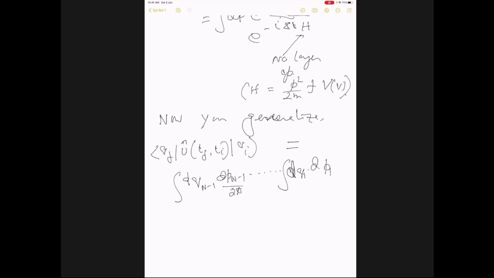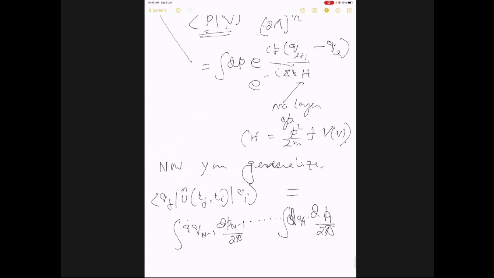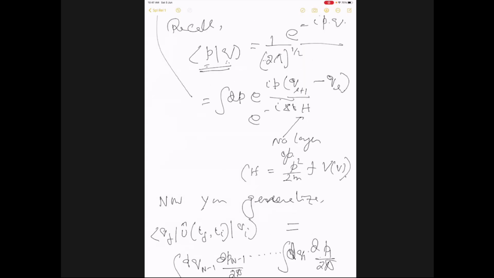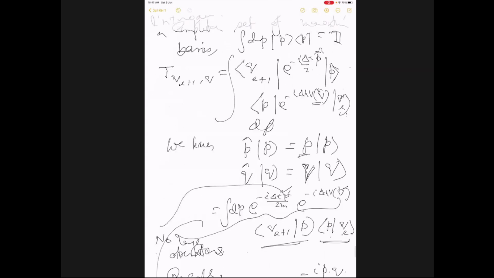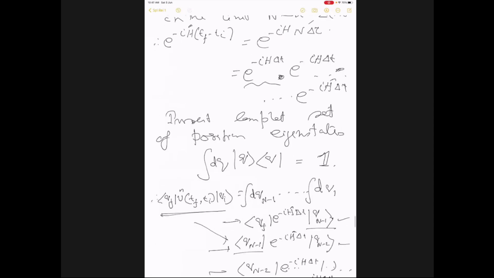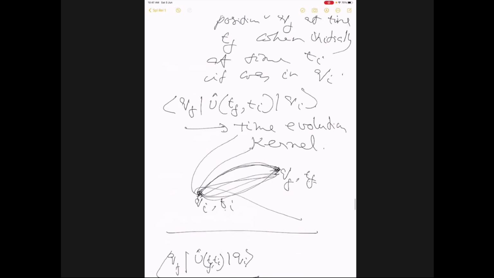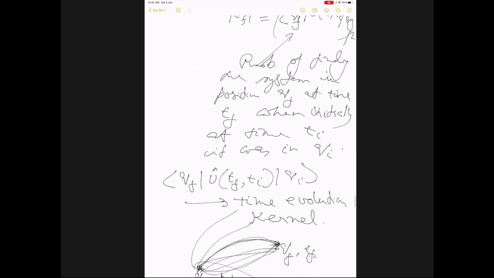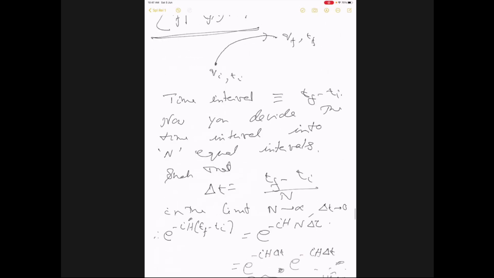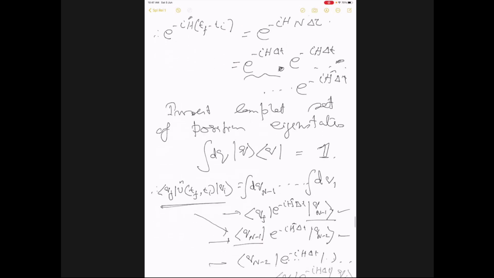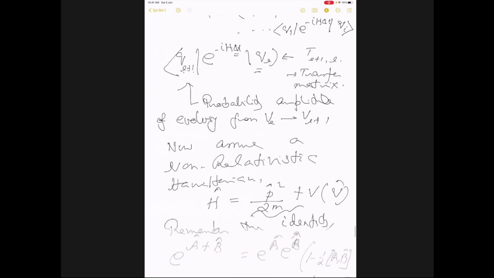Now because of this transfer matrix I have a dp, so dp by 2 pi. Remember I got a dp for each of these, and dq was there in my original expression. See here, I had so many dqs. So for every dq I have a dp also now.